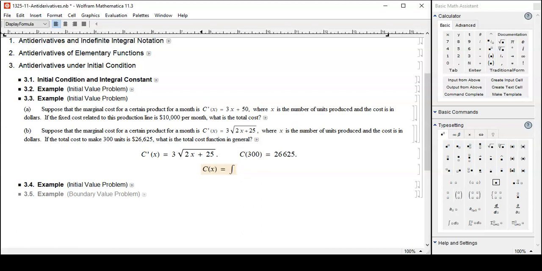3, and then 2x plus 25 to the 1/2 power. So what do we have? Add 1 to the power. So 3/2 power, and then we have to divide.